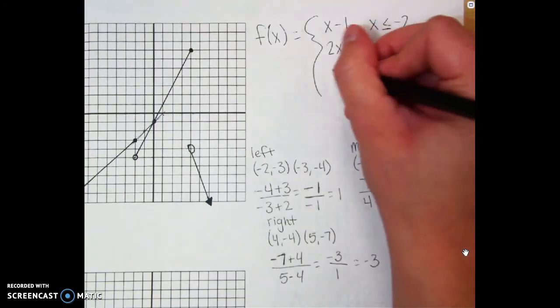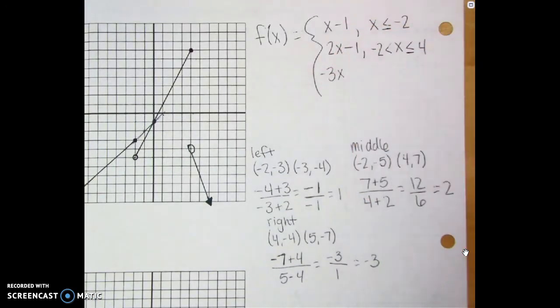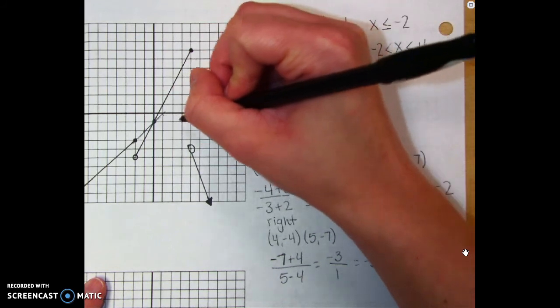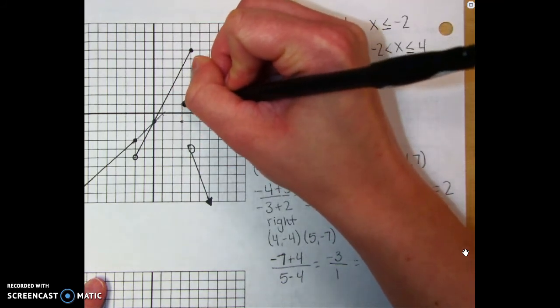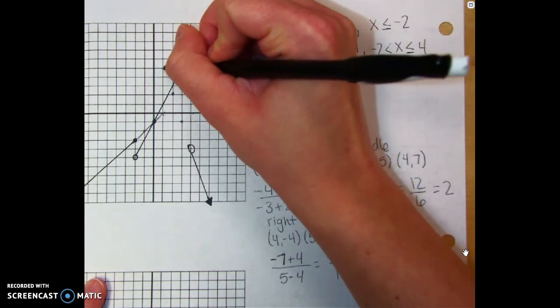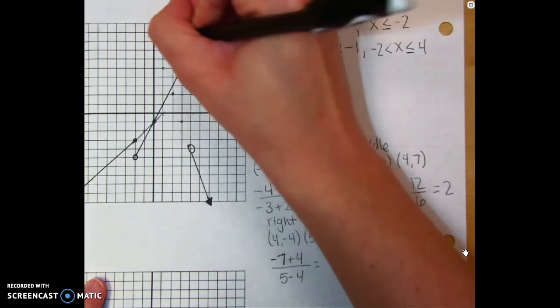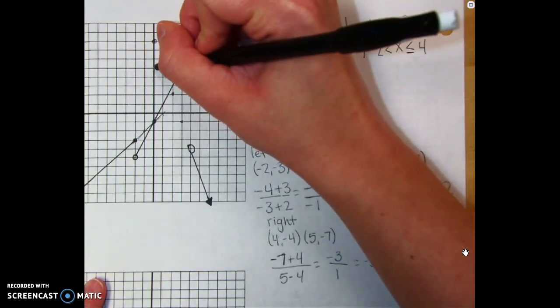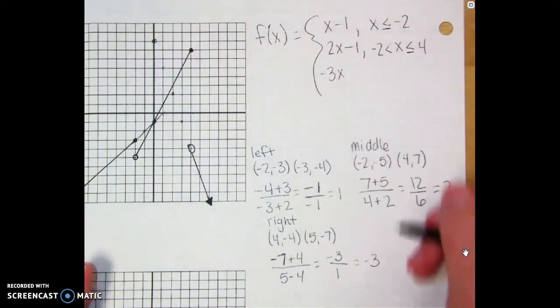So way up here, negative 3x. Do we know what the y-intercept is? Well, you guys are saying 8. Let's just try it. Going down 3, over 1, down 3, over 1, and so on. That looks like 8 to me.